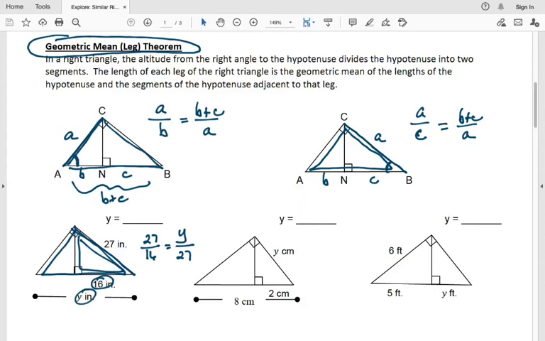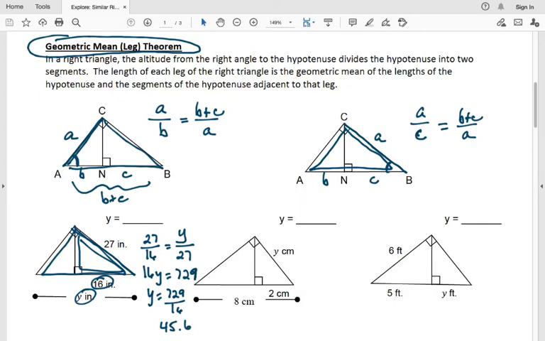So then cross multiplying this, we get 16y equals whatever 27 times 27 is. All right, that's 729. And then you're going to divide by 16. And you get a yucky number. You can do either 729 over 16 to keep it exact, or you can say 45.6.